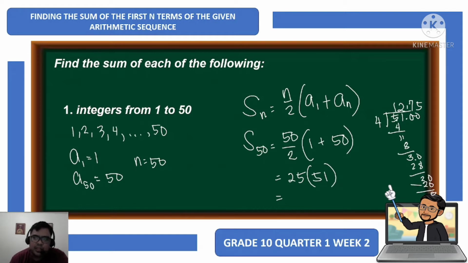So therefore 12.75. So the answer is 1,275. So that's the answer in number 1.